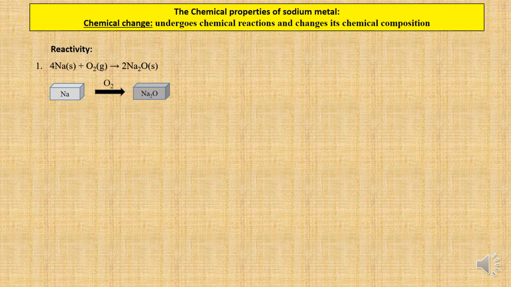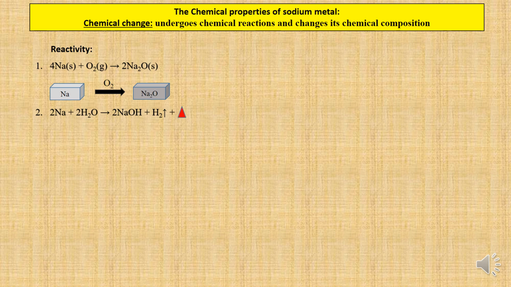And you can see a change in the color. Silvery white sodium metal takes a coating of sodium oxide on exposure to oxygen, and it is because of the formation of sodium oxide that you observe this grayish black layer or coating on its surface.